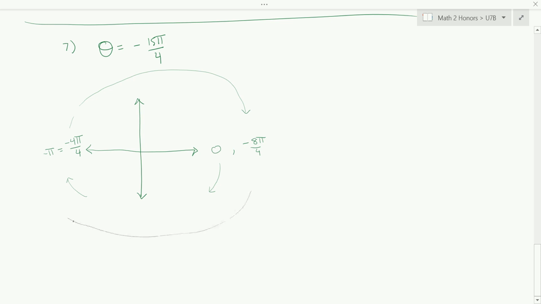Do another 4 pi over 4, subtract. You get negative 12 pi over 4. Almost there. Do it one more time. We get negative 16 pi over 4. Forgot my pi on the left side here. Okay. And so we're going to be in quadrant 1. That's where negative 15 pi over 4 is.